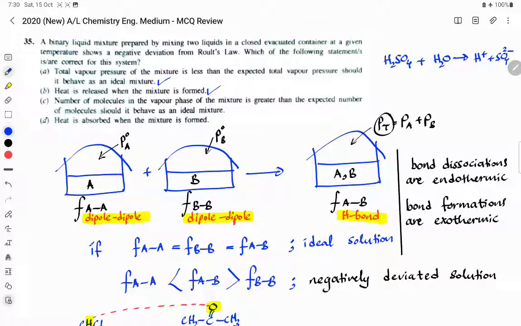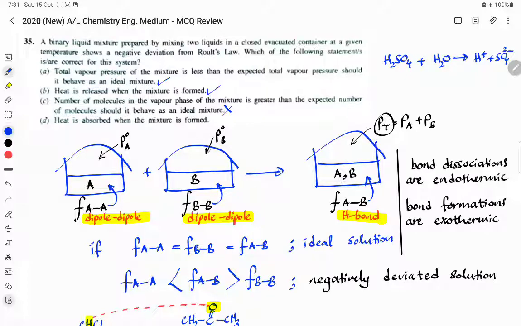Statement C, the number of molecules in the vapor phase of the mixture is greater than the expected number of molecules should it behave as an ideal mixture. This is wrong, since these interactions are defined for the liquid phase. It determines the volatility. If the newly formed interaction is a strong one, the volatility is decreased.